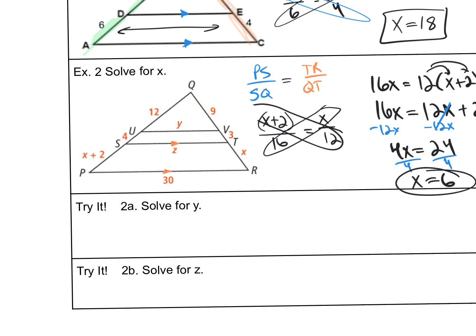So looking at it, we said that this PS was now a distance of 8, right? Once we plugged in the 6 for X. Over here, TR was a distance of just 6. So now as you look at it, what is the midpoint or the point halfway in between P and Q over there on the left?